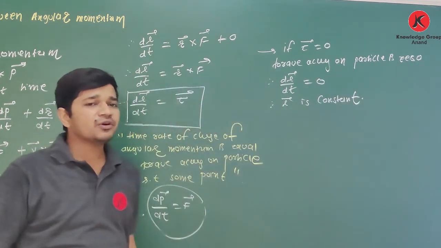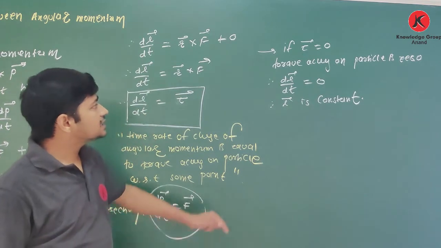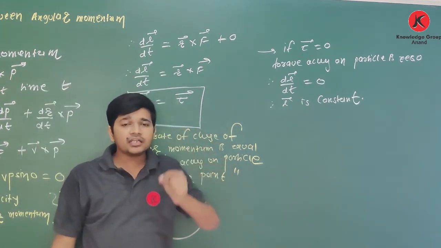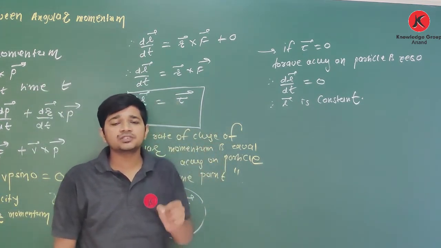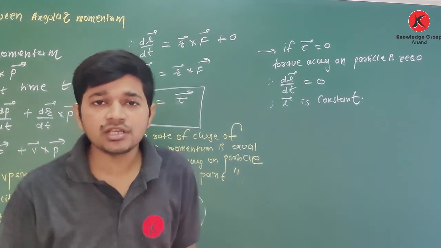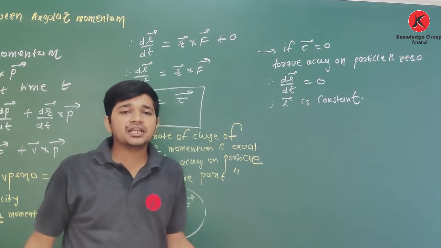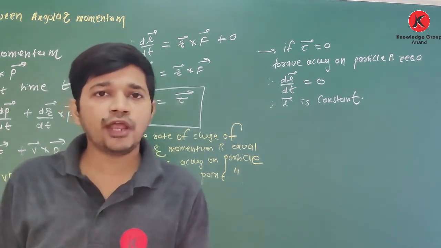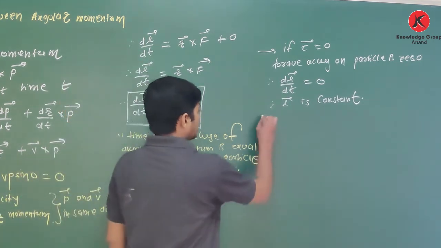So what is the meaning of this? Whenever torque acting on particle is 0, its angular momentum does not change with time. It remains constant, and it is called law of conservation of angular momentum.